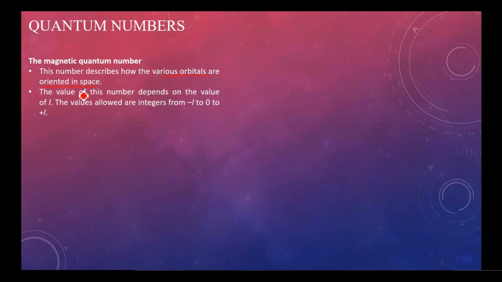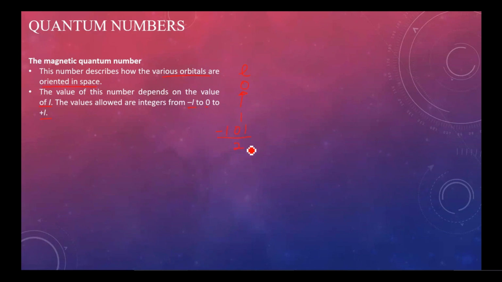And they again are dependent upon the value of L. The values allowed are integers from minus L through 0 to plus L. So for any subshell, its orientation depends upon the value of L. For example, if your L value is 0, you can only have one orientation. If your L value is 1, you can have three orientations: minus 1, 0, and 1.